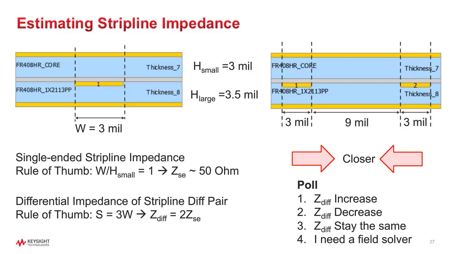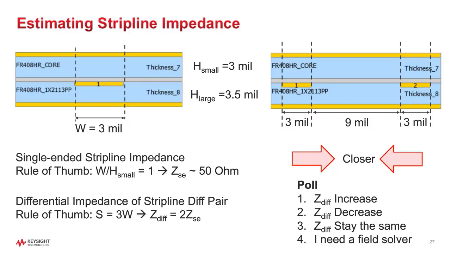That will probably take 30 minutes to an hour. But with the power of rule of thumb, taking width over height, that will be a 5-second, 10-second kind of idea. You get a really quick estimate and rough idea of, okay, this trace looks close to or not close to 50 ohms at all, given the geometry.